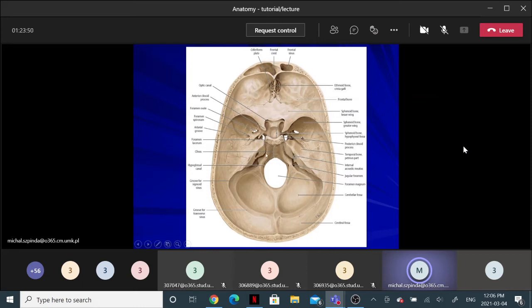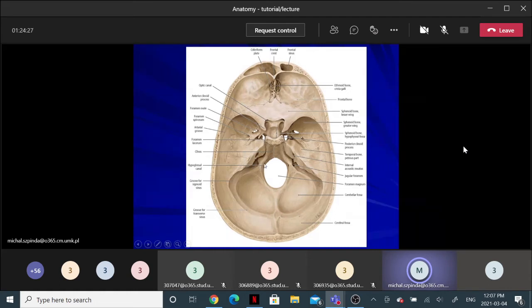vestibulocochlear. And just here, its medial part, the petrosal part, transmits nerve 9, glossopharyngeal, while its lateral, so sigmoid part, transmits 2 nerves, vagus and accessory.